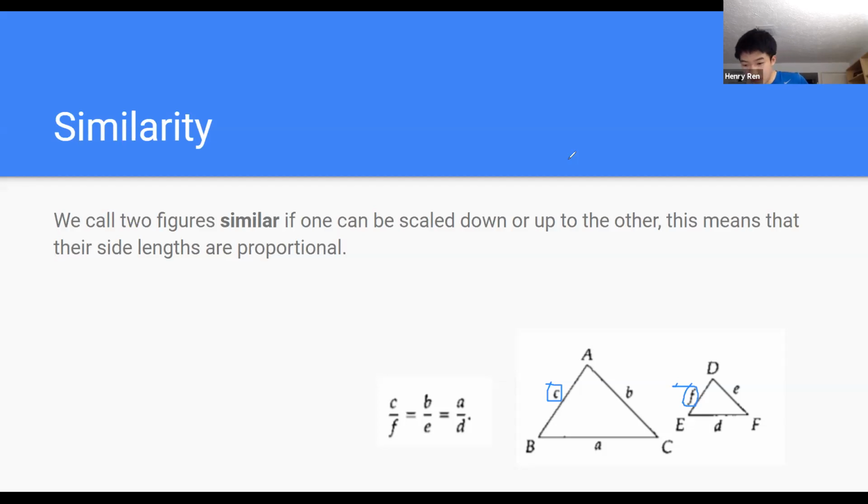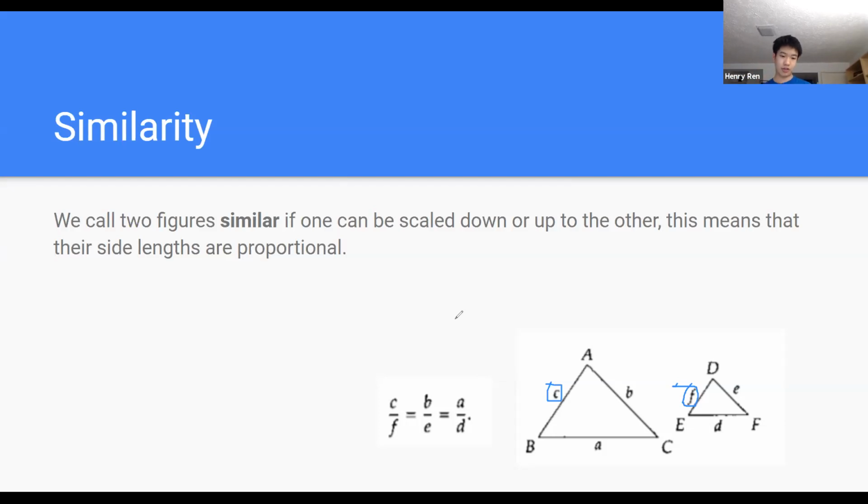Same goes for B and E and A and D. It's important to note in figures which sides are actually similar to the other, because B and D aren't similar. It's B and E. And all of these proportions are equal to each other because you're multiplying by the same ratio or scale. I don't think I really need to go over more.